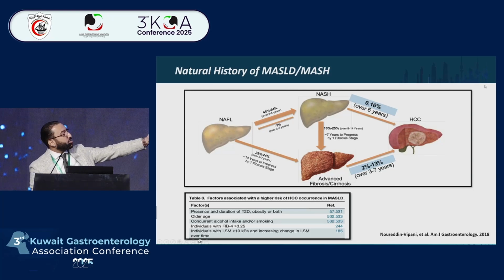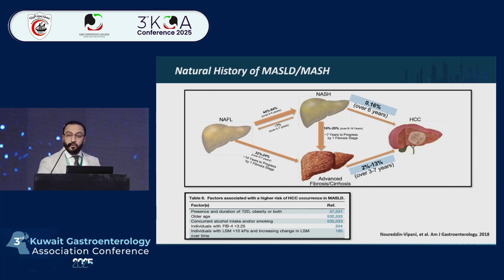Patients who have MASH, around 20% will progress over 7 years to advanced fibrosis and cirrhosis. And of patients who have advanced fibrosis or cirrhosis, at least 10% will develop HCC over 3 to 7 years. That's why we screen our patients who have advanced fibrosis and cirrhosis for HCC with an ultrasound and alpha-fetoprotein every 6 months.